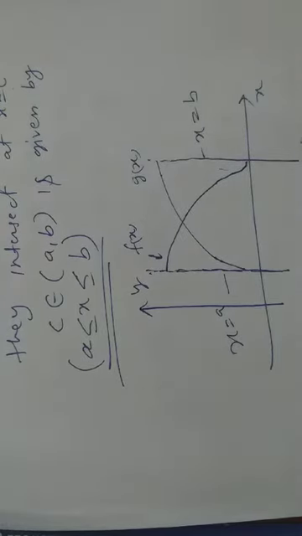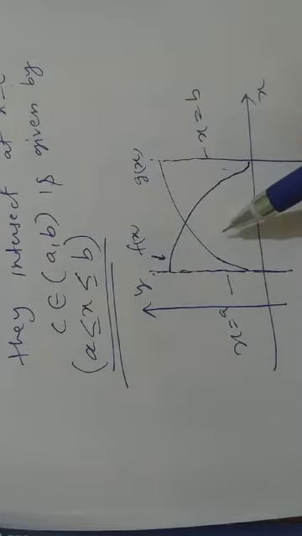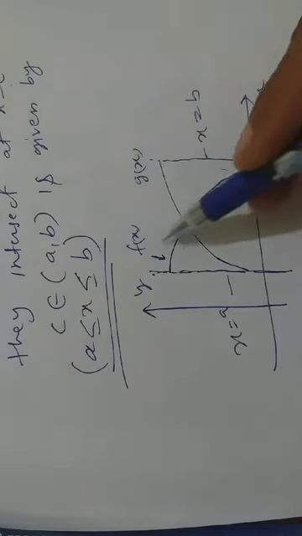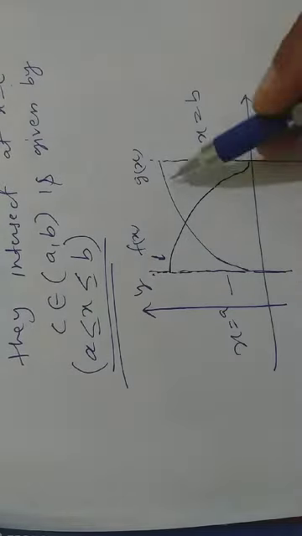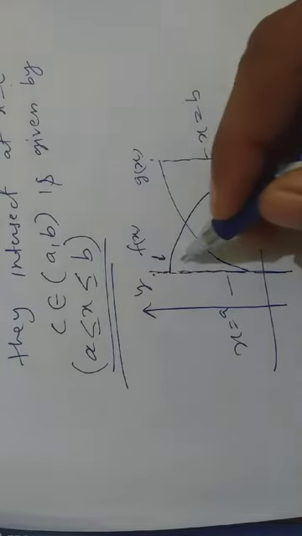Then the area bounded by x equal to a, x equal to b, y equal to f(x) and y equal to g(x) will be like this.